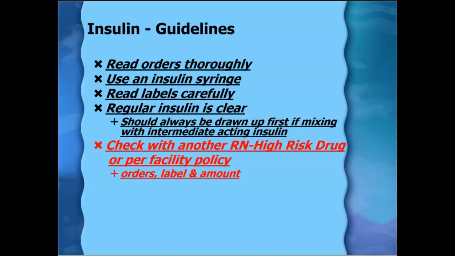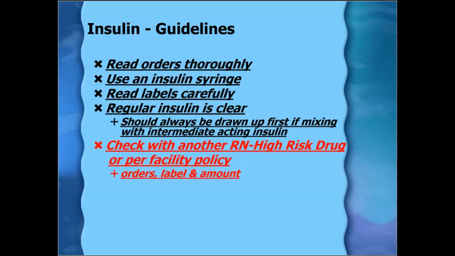Regular insulin is clear and should always be drawn up first if mixing with intermediate acting insulin, okay? And you want to always do a second check with another RN because insulin can kill your patient if you have the wrong dose. So it's a high risk medication, and therefore most facilities will have you do a double nurse check, and you definitely need to in nursing school.